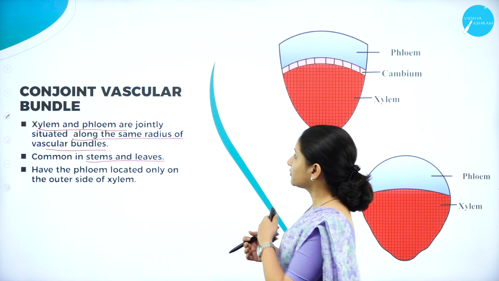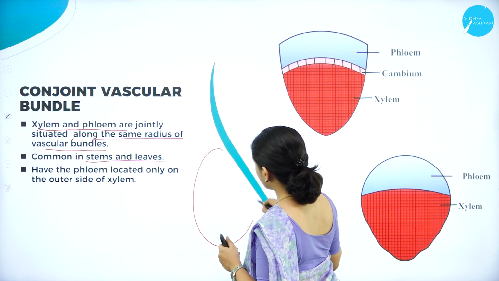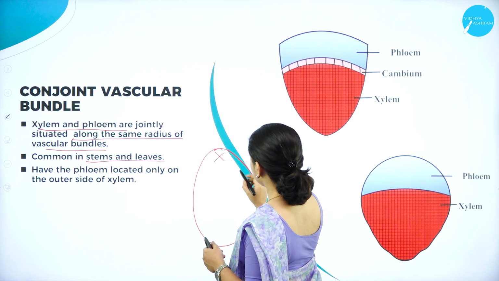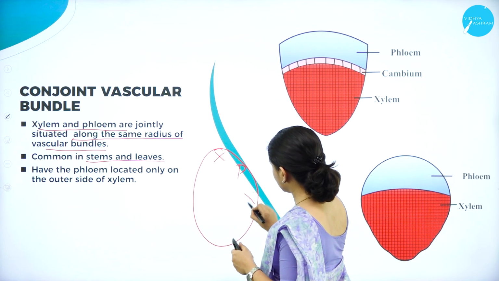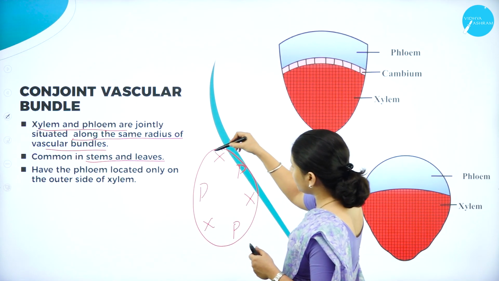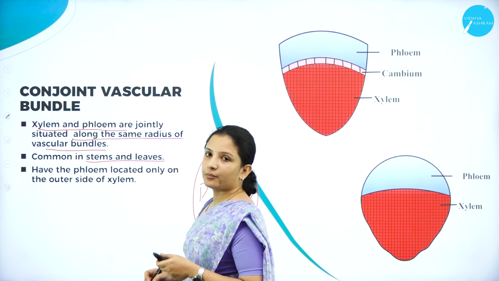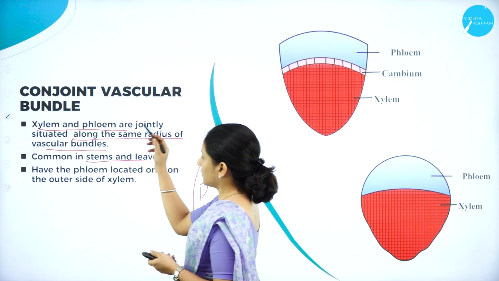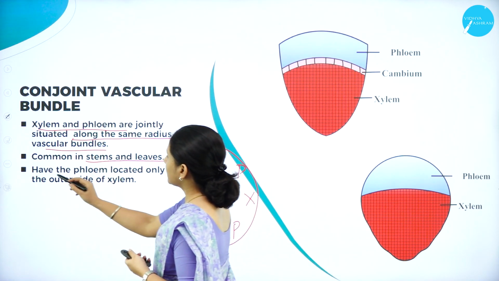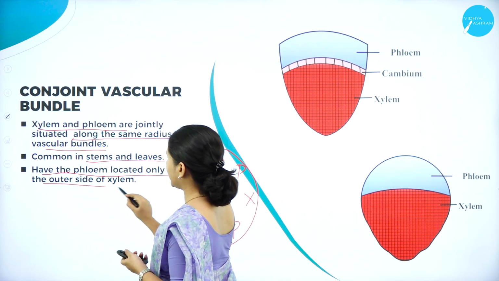So next, moving on to the conjoined, here the vascular bundles are arranged in one particular region, that is along the radius. So if it is the xylem here, then the phloem, then again the xylem, again the phloem. In one single radius they will be arranged. Such vascular bundles are called conjoined open vascular bundles, and they have the phloem located only on the outer side of the xylem.